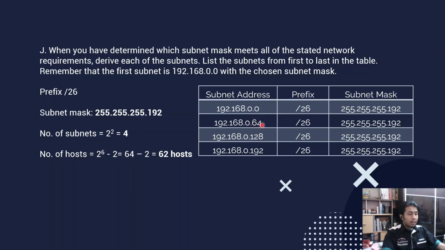So we can add at the back, and for the third one, we also just have to add 64, which is equal to 192.168.0.128, and the last subnet address, we can add another 64, which is 192.168.0.192.